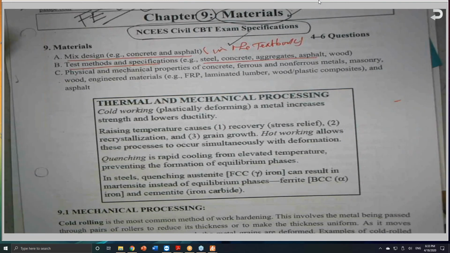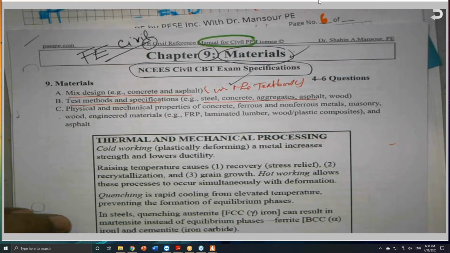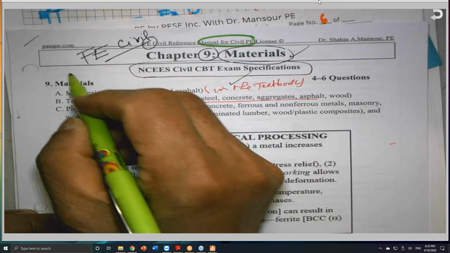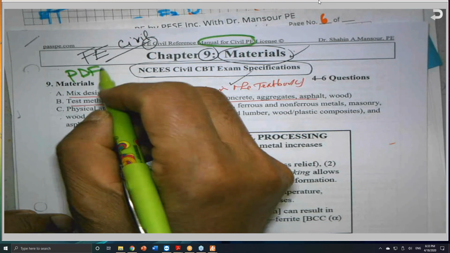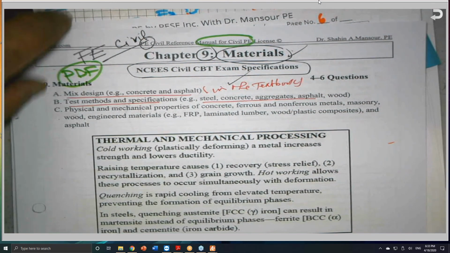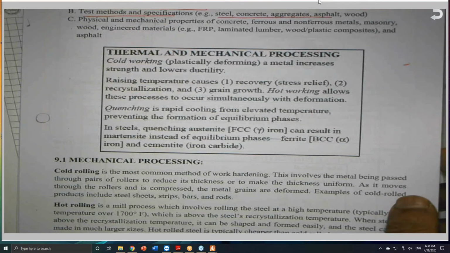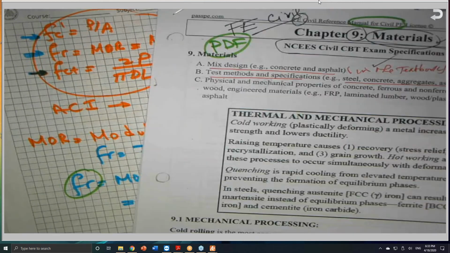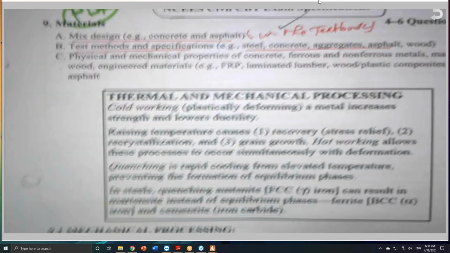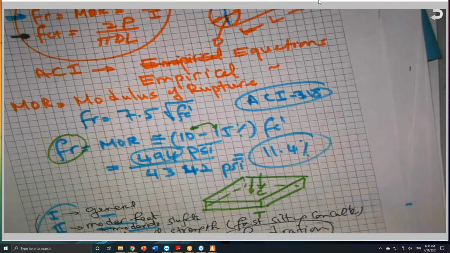I'll try to locate the PDF of this and send it to all of you to help you. So if you don't have my textbook or textbooks, I think this will help you a lot with a portion of the materials, not the entire portion of the material. So I will try to remember to send this to you.